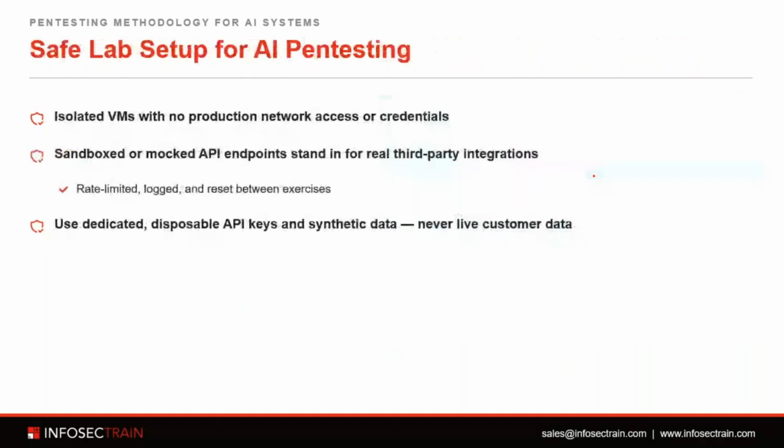right? Now if you want to set up a lab for your own learning of AI pen testing, the very first thing that you will do is isolate VMs, right? No production network access or credentials. Sandbox or mock API endpoints stand in for real third party integrations, right? Use disposable API keys and synthetic data, never live customer data, right?